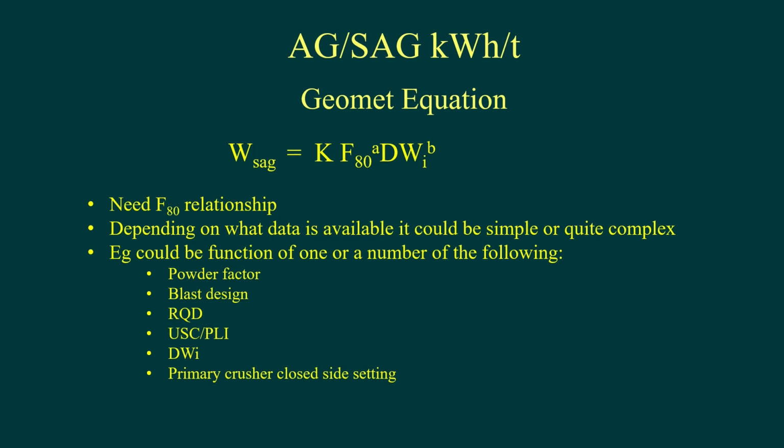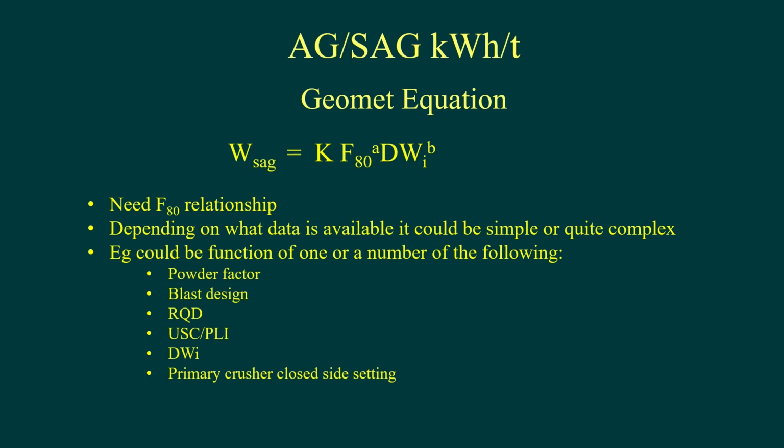Now, why have I indicated powder factor and blast design? That's simply because we know that the run of mine size distribution is a function of how the miners blast that ore, and is a function of the structure, and RQD gives you that information. A highly structured ore, an ore with a lot of fractures and cracks and joints, tends to give you a finer run of mine, and a finer run of mine typically gives you a finer SAG mill feed.